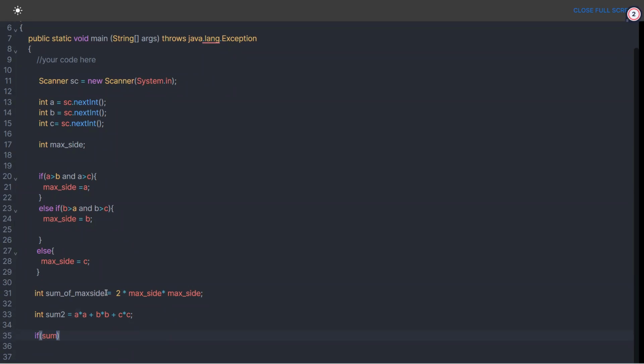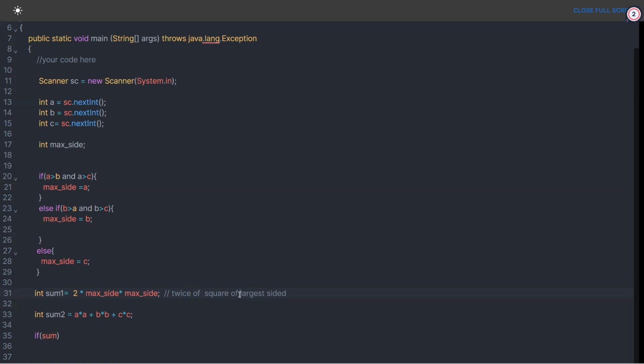For simplicity, can I call it sum1? I'm writing it in the comments. What does it mean? It means sum1 is twice the square of the largest side.